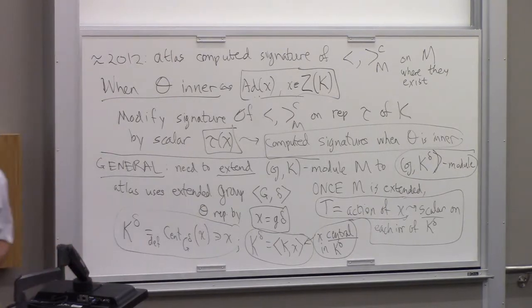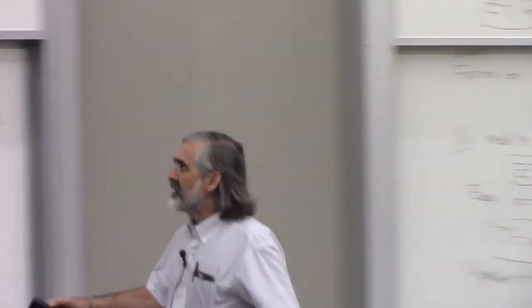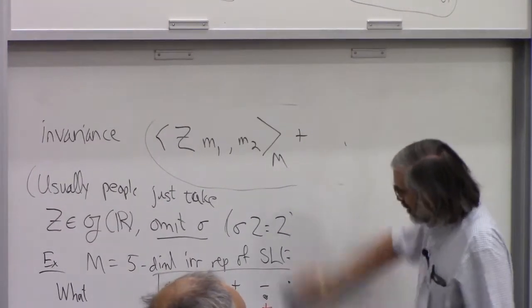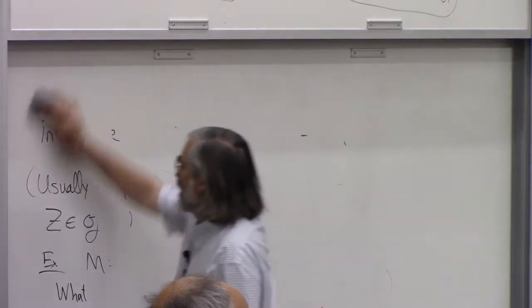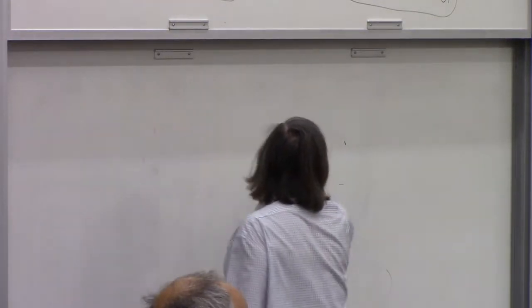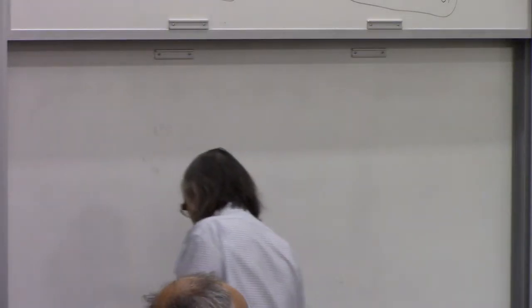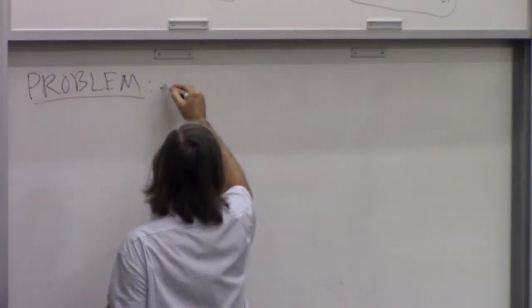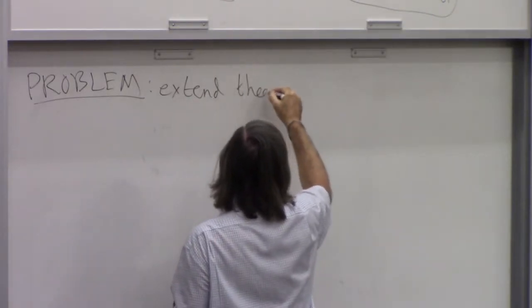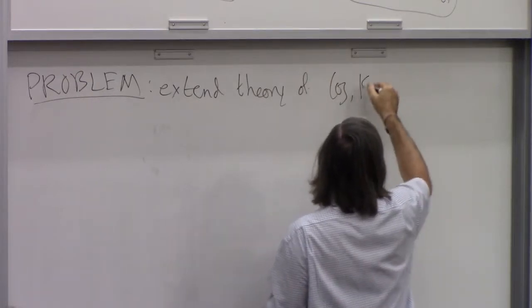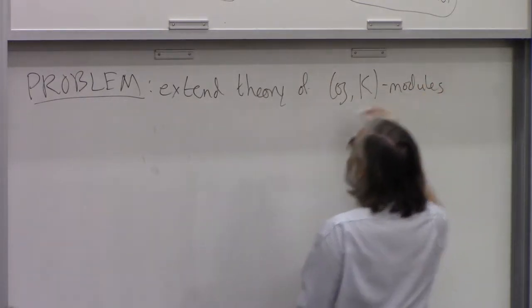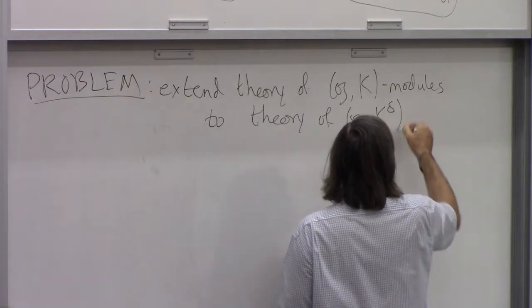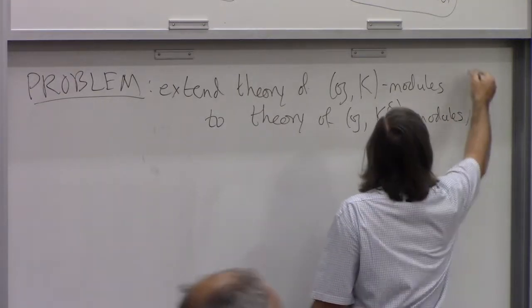So, okay, how does this work? I want to talk about the case of finite groups. The problem is to extend this theory of GK modules to a theory of these G K delta modules.